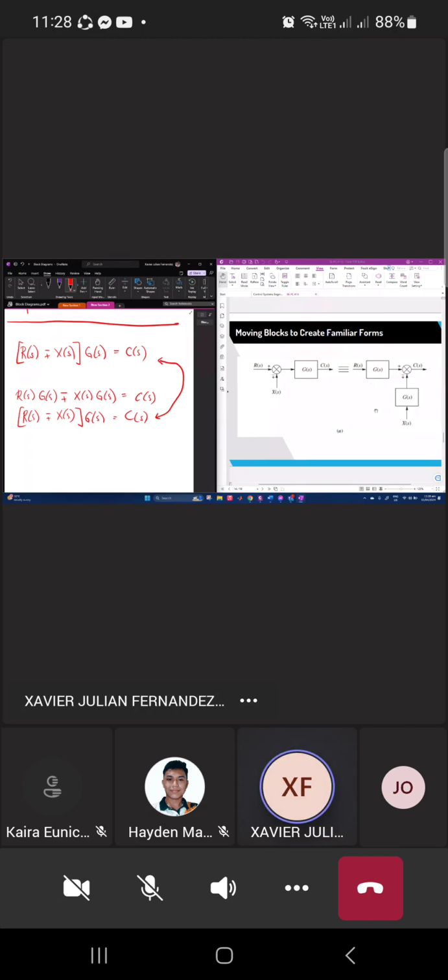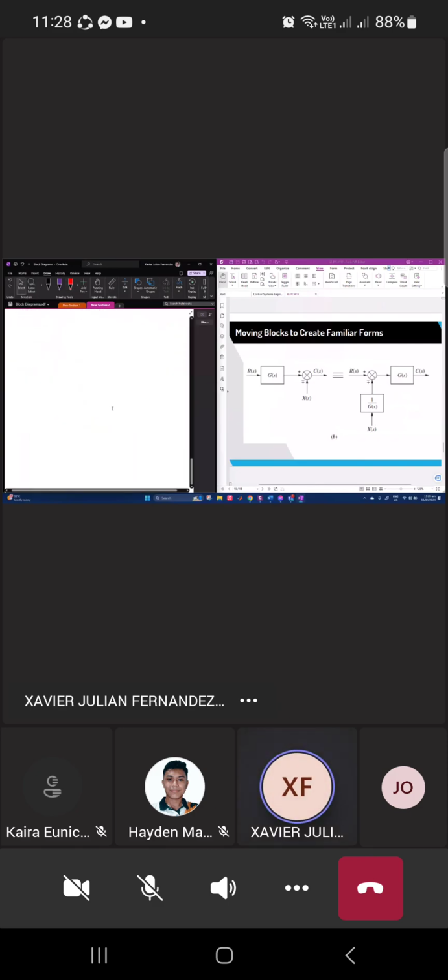How about this one? Let's check if that's the same. The output here is R of S times G of S, and the input to the summer is X of S, minus plus X of S, which equals the total output C of S. Is that the same as this one?